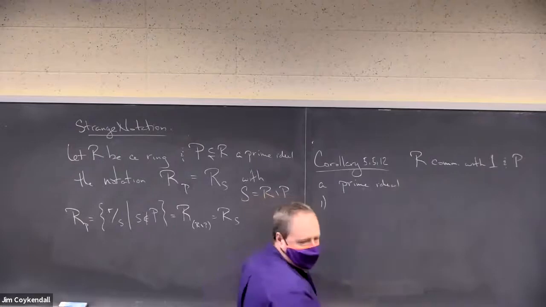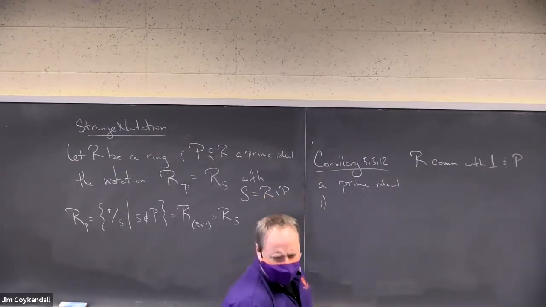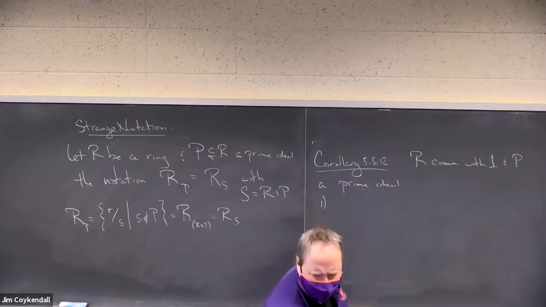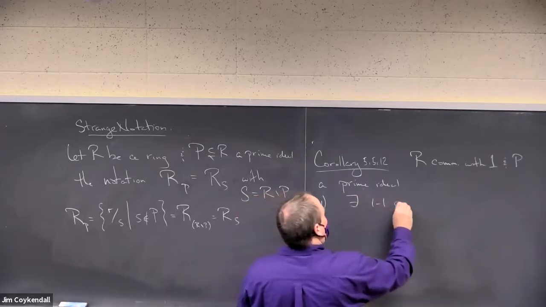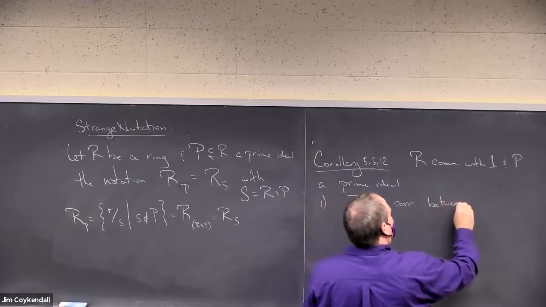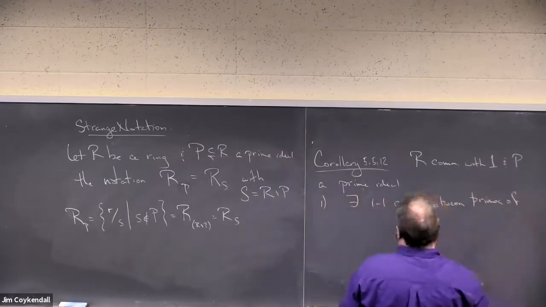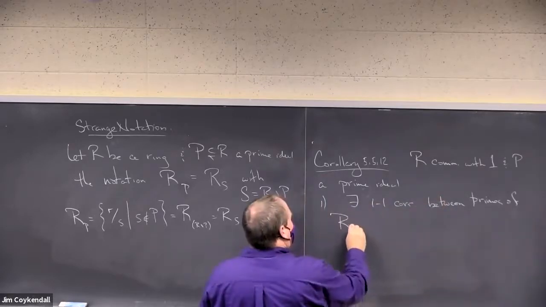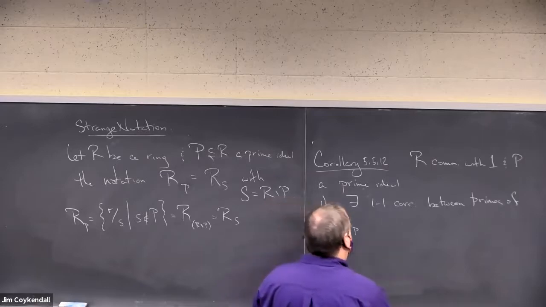Number one, there is a one-to-one correspondence between primes of R localized at P and primes of R contained in P. This is often called R localized at P, just like the notation for sets.